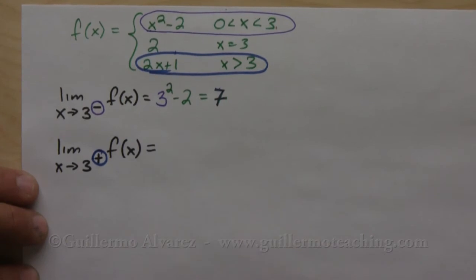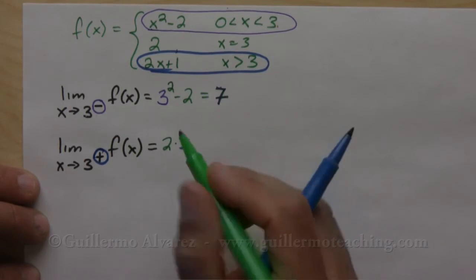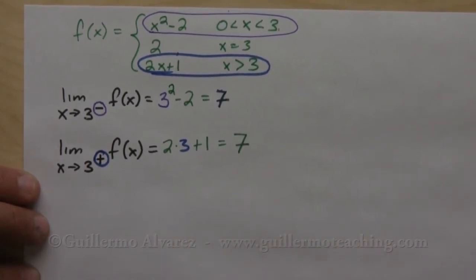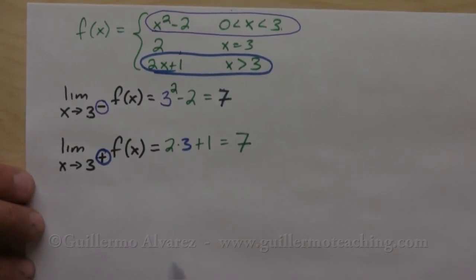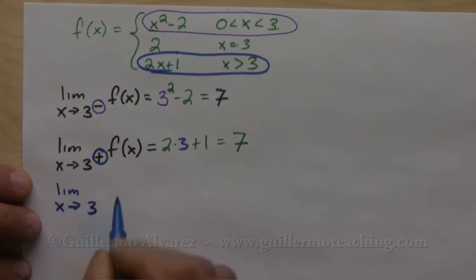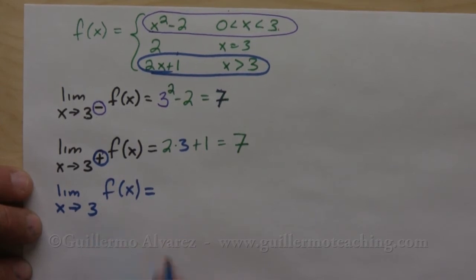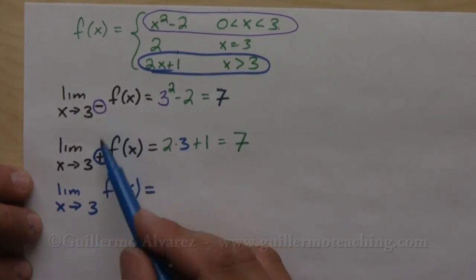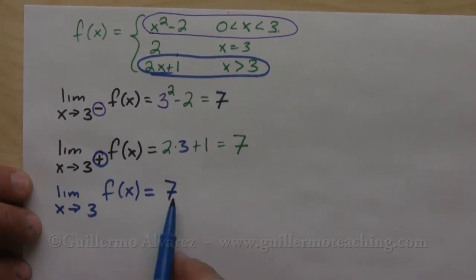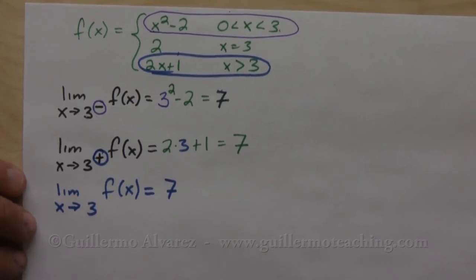So I'll plug 3 into there, so I have 2 times 3 plus 1, which is 7. So this isn't asked in the question, but let's just state it. If I want to know what the limit as x approaches 3 of the function is, remember this means you want to look at both sides. So since from both the left and the right it equals 7, then that means the limit exists. And it equals 7.